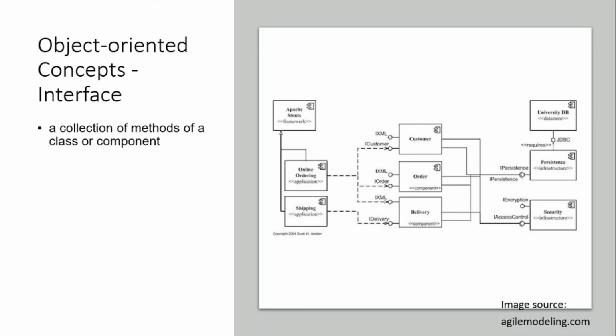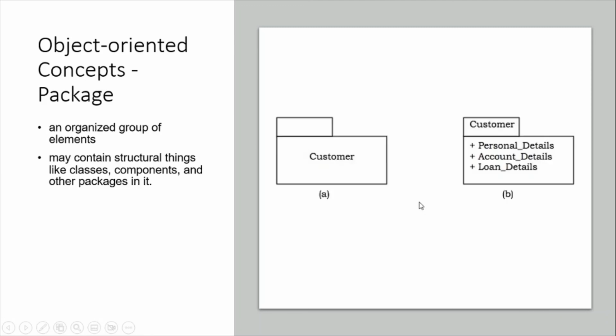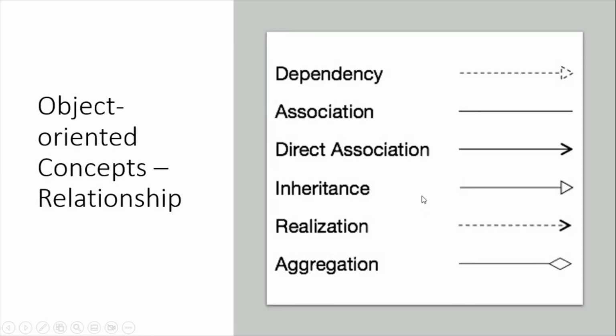Okay, so there are ways to write the flow of data, but it has meaning. So for example, the broken arrow and the broken arrowhead is the dependency. One class is dependent to another class. The straight black line is the association. And then the one with the arrow, direct association, and so on. So we will discuss that later on.